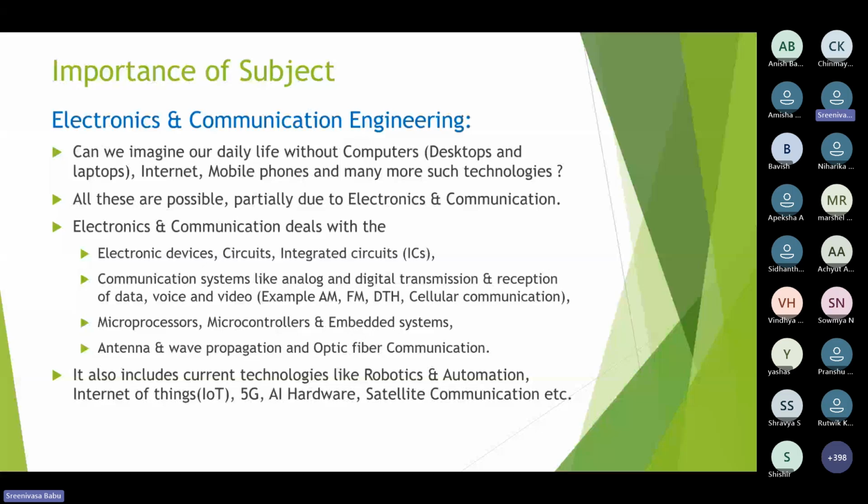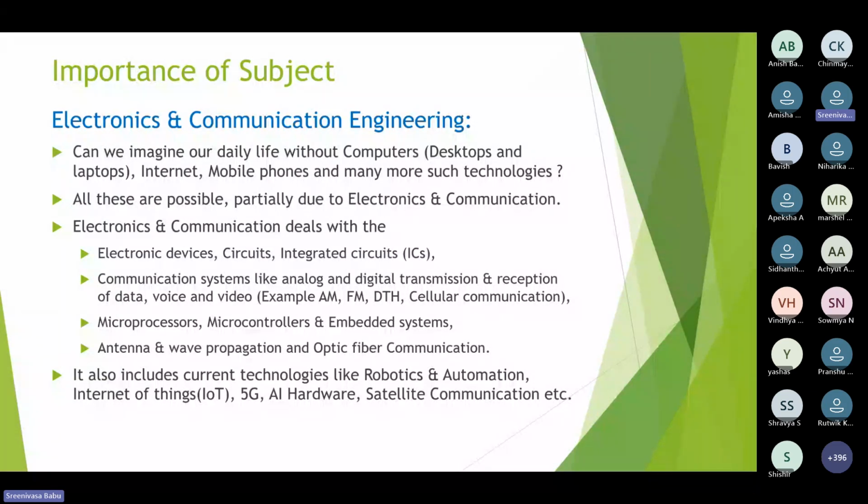Antenna and wave propagation, and then, most important for the internet, probably without optic fiber communication, optic fiber cables, the internet would not have been such a success. So we'll be understanding all these things better if we take up this course.